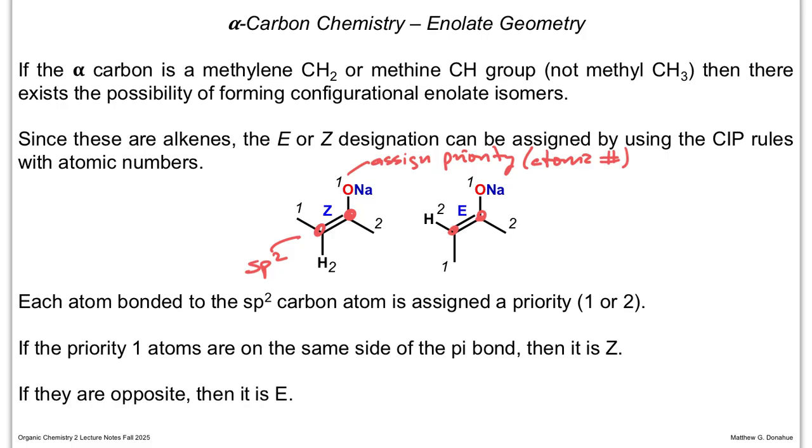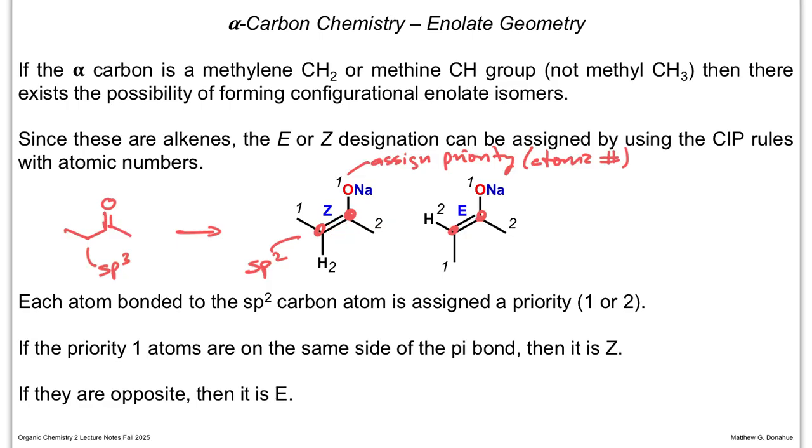So why is that important? We're going from an sp3 hybridized carbon to sp2. The action is taking place at that sp2 hybridized carbon that was formerly the alpha carbon. Remember that a pi bond consists of that hamburger bun looking electron cloud on top and bottom.